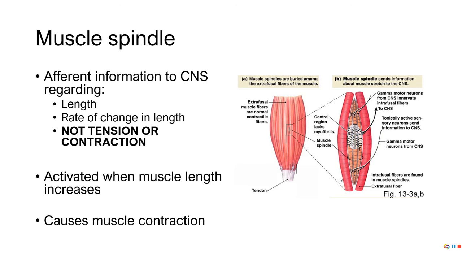They don't sense the tension, they don't sense the contraction, they're just primarily concerned with length. And when they lengthen rapidly, they send lots of signals to the central nervous system going, hey, this muscle is getting really long. Ultimately, when the muscle is lengthening, especially if it's lengthening quickly, it causes muscle contraction. Okay, so it activates the muscle to shorten it to prevent like muscle tears.